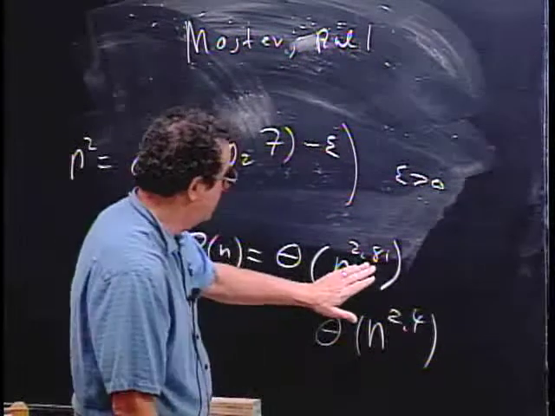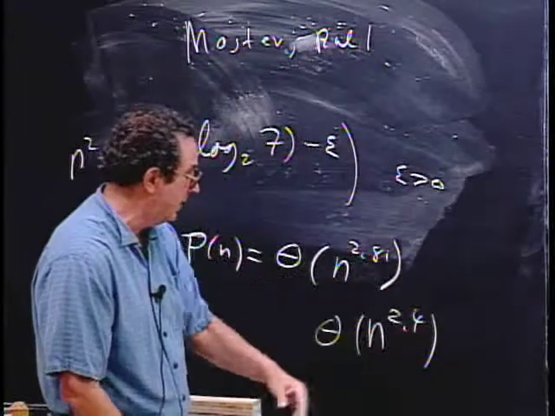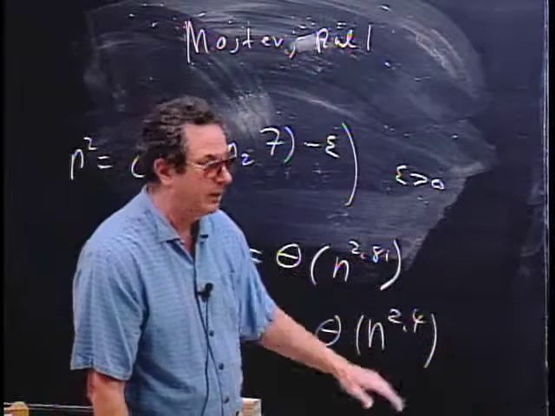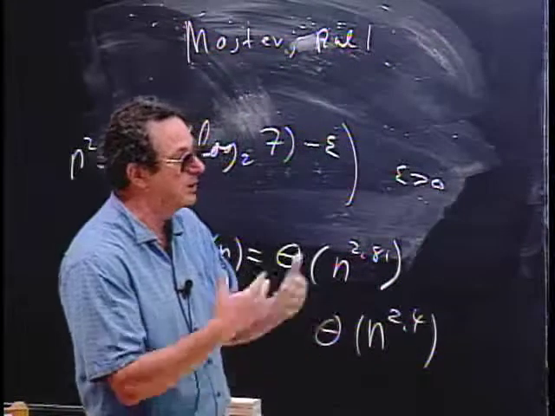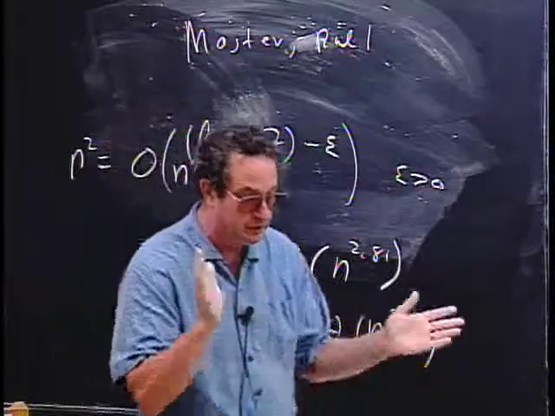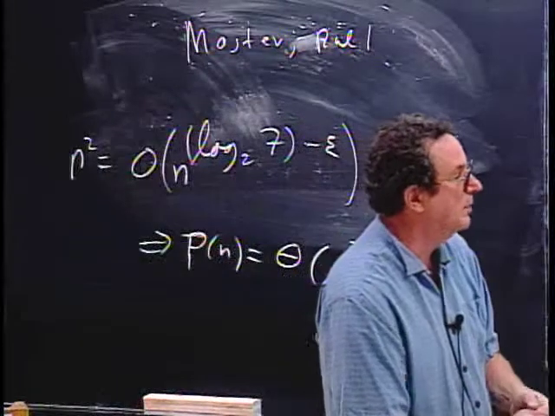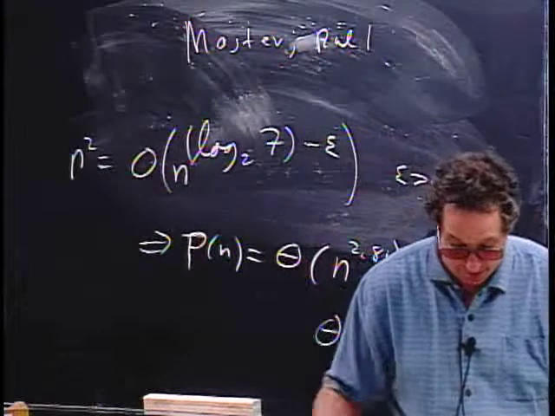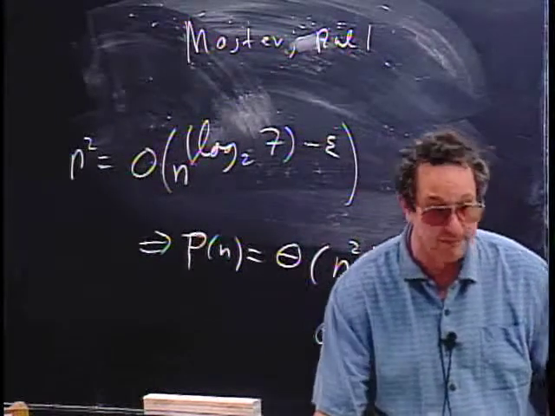So from n to the 2.81 to something now south of n to the 2.4, there are methods like that. And they just get more complicated and more clever, and I have no idea how people invent them, what principles they follow to get there, or if they just get there by fiddling and being smart.